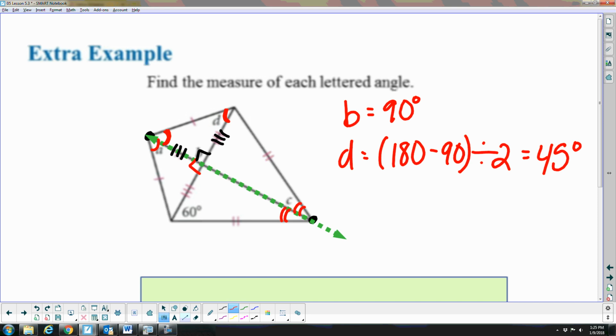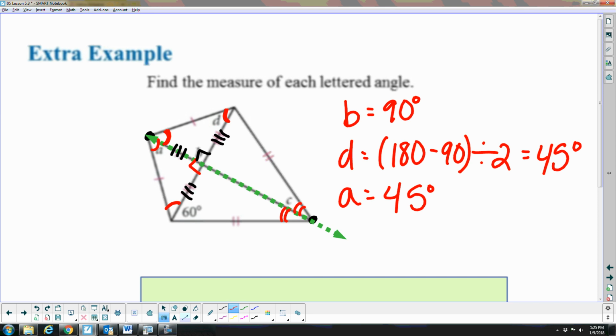Since I know that angle A is congruent to angle D, I know that A is also 45 degrees. Which also would be congruent to this, because here's another isosceles triangle that is congruent to the isosceles triangle that contains angle D.